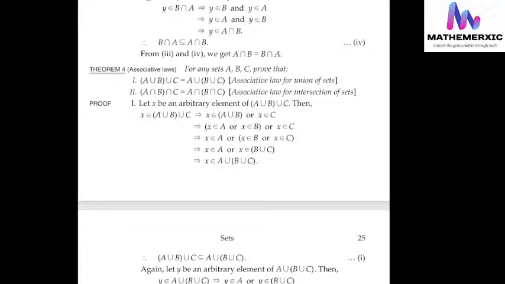A union B union C can be written as the union of A and B union C. Associative law for union of sets.